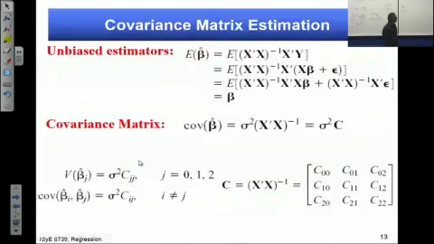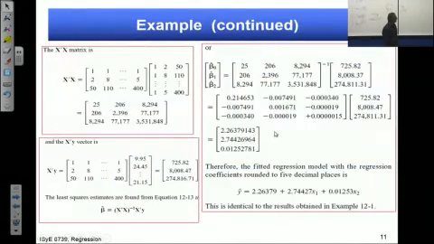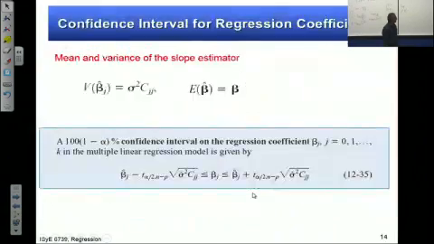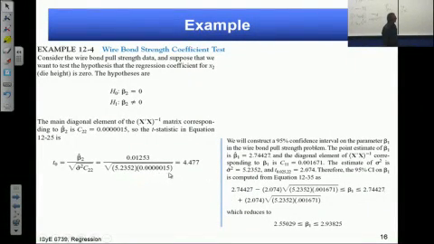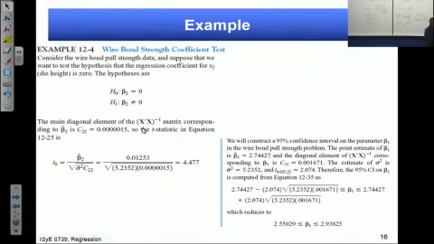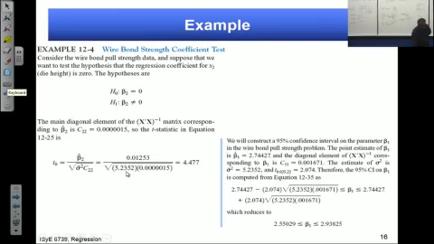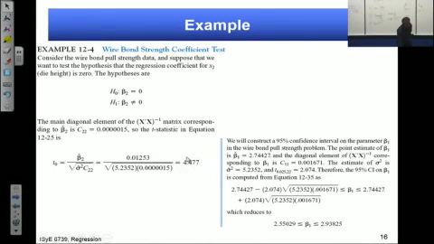This is from here: that's beta hat 2, this is beta hat 1, and this is beta hat 0. Then divide by the standard error, where C22 is this element of X transpose X inverse. You multiply it by the estimated variance and take the square root, and your T0 is this guy.